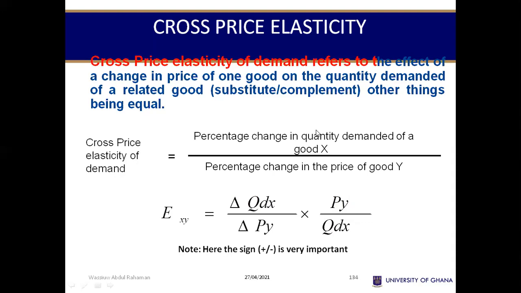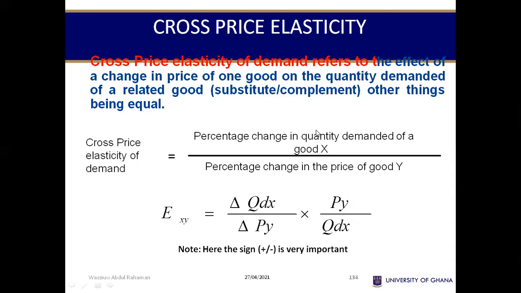Now, how is it obtained? It's obtained by the formula you have on your screen, which is the percentage change in quantity demanded of the good in question divided by the percentage change in the price of the other good. If you look at this formula, it's quite similar to the formula for finding the own price elasticity of demand.